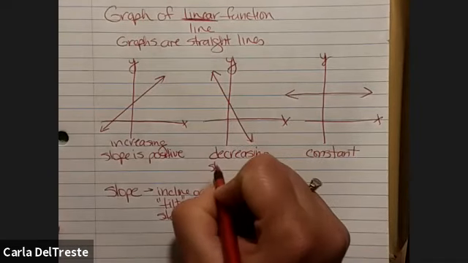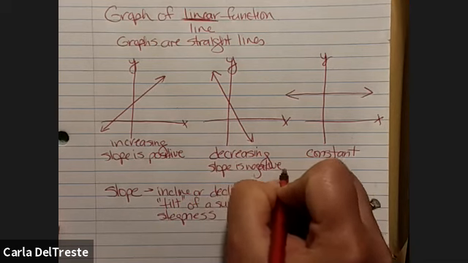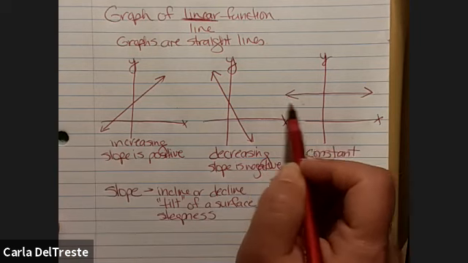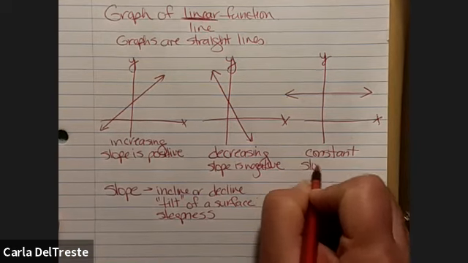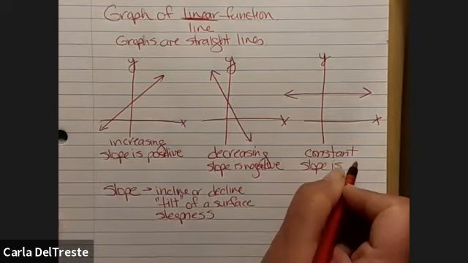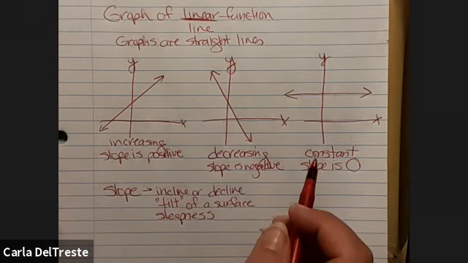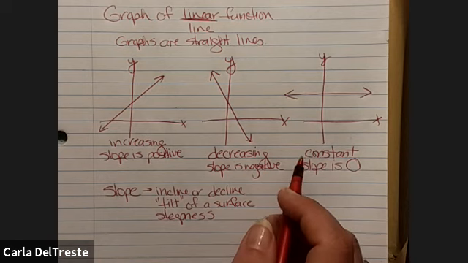So the slope is negative. And if you are staying flat, you're not increasing, you're not decreasing, then we're saying that the slope is 0. Be very careful that you don't say no slope. There's no such thing as no slope. There's always some way to describe slope.